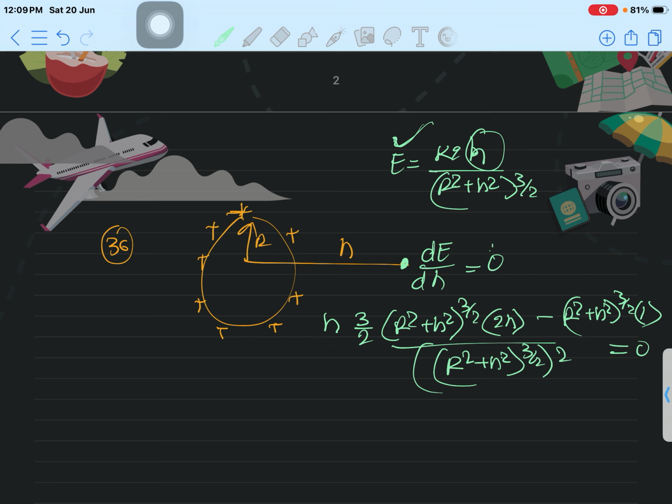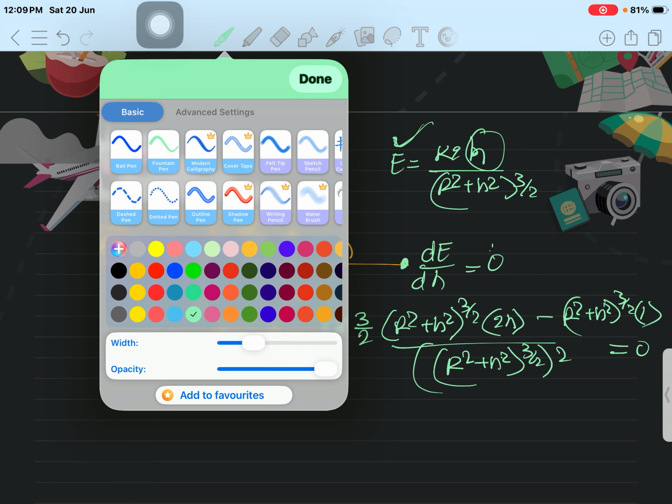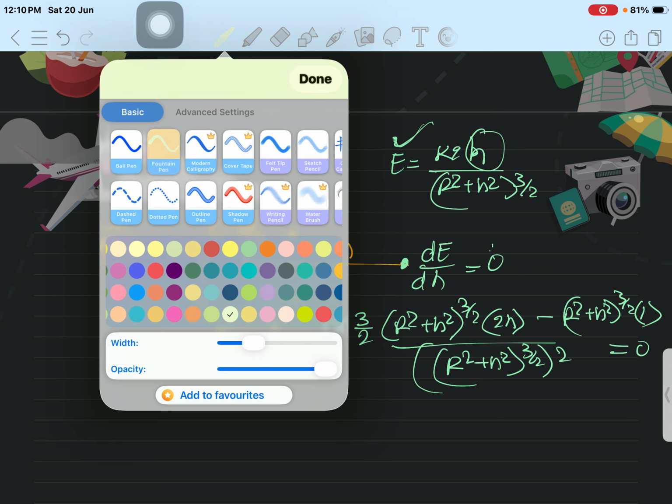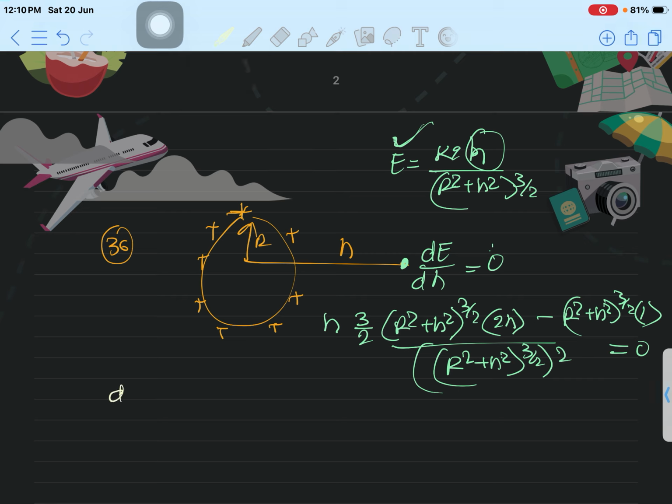Usually the derivative formula is like this, so it will proceed forward in this way. So dE by dh should be 0. So this function should be 0. Let us take (r square plus h square) power 1 by 2 common, sir. Then the 2 also gets cancelled, and we get 3h square.